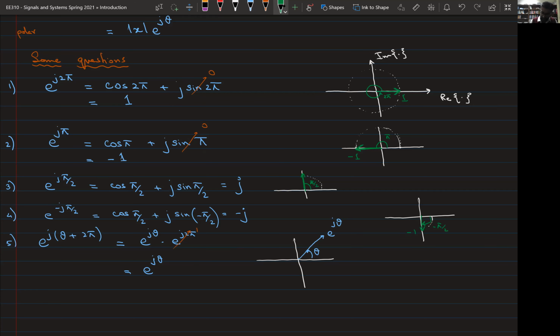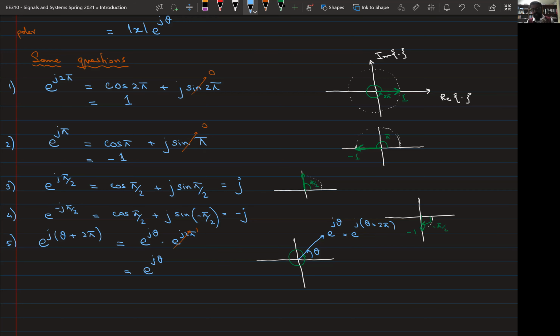But I know that after completing a full revolution of 2 pi, I am going to be back in exactly the same place that I started out at. Because the angles are modulo 2 pi, the angles wrap around. And therefore, e raised to j theta would turn out to be equal to e raised to j theta plus 2 pi.